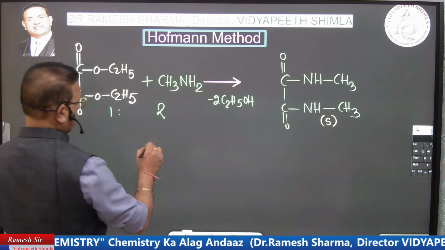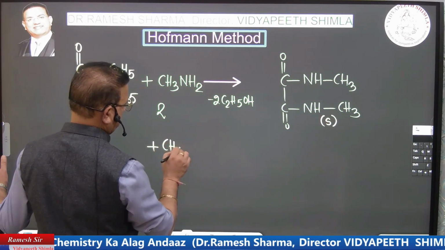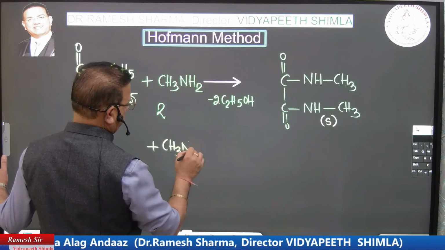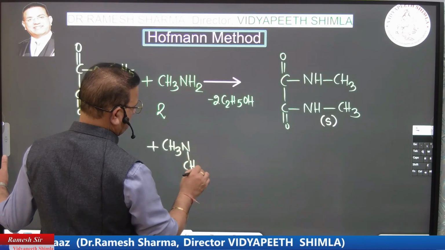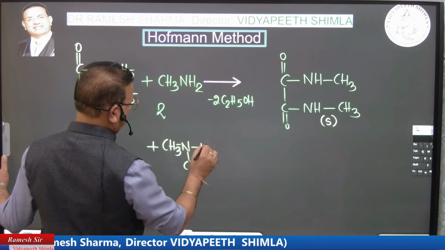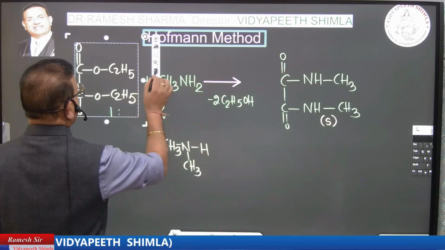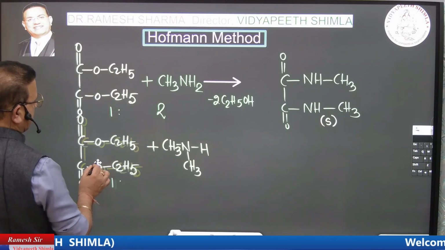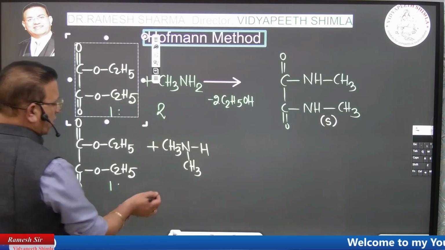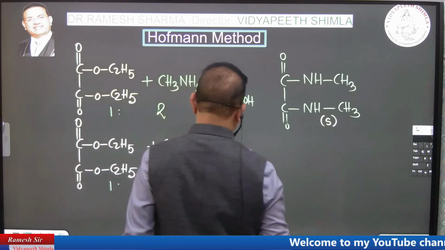But when the amine is secondary, the bulkiness increases. Thus, the reactivity decreases. The reaction occurs in 1:1 molar ratio.